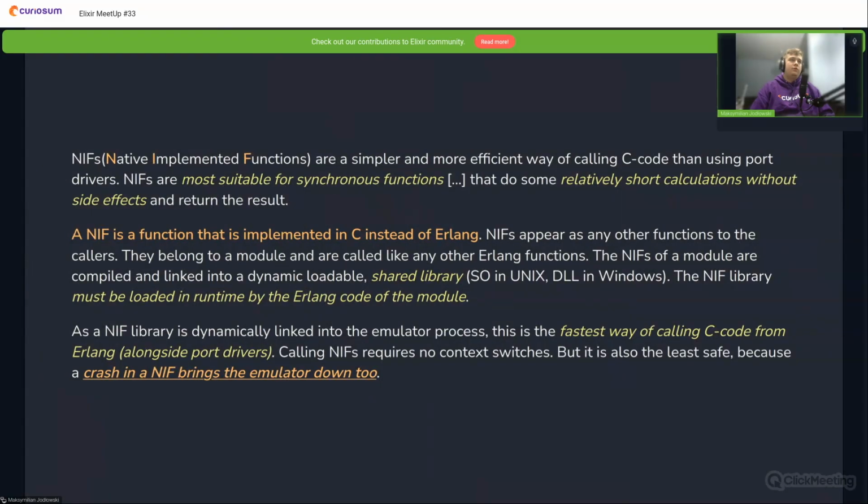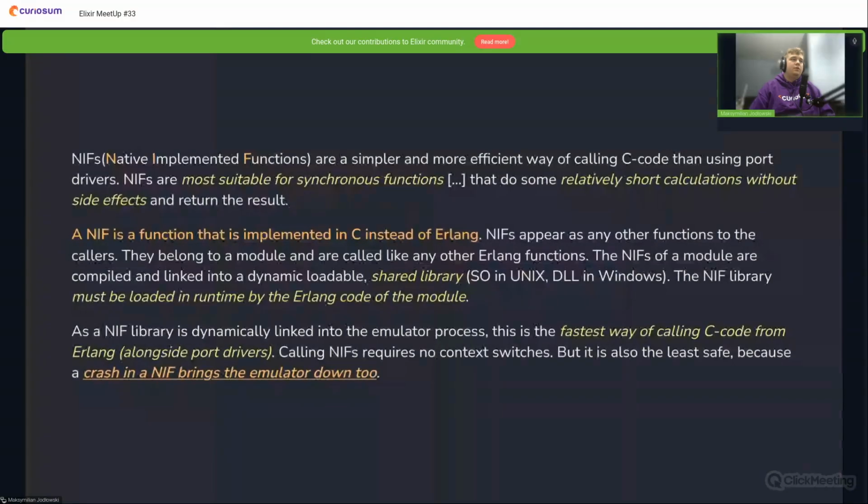NIFs are most suitable for synchronous functions that are relatively short calculations without side effects. So yeah, you have to keep that in mind, that it's not really that suited for doing asynchronous things, but of course you can use the vast power of Erlang and Elixir to make them asynchronous, I guess.